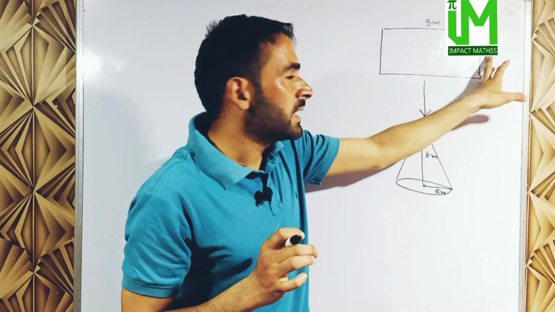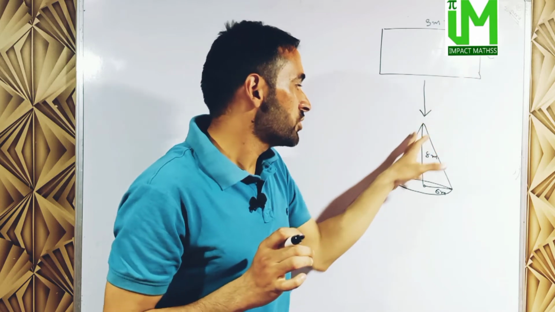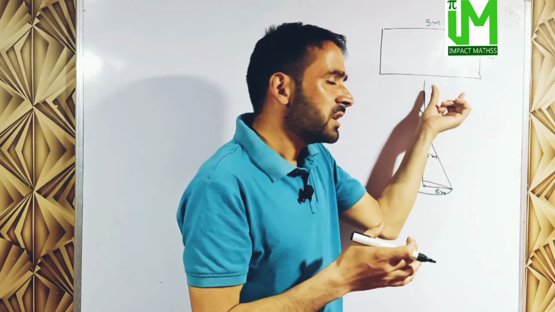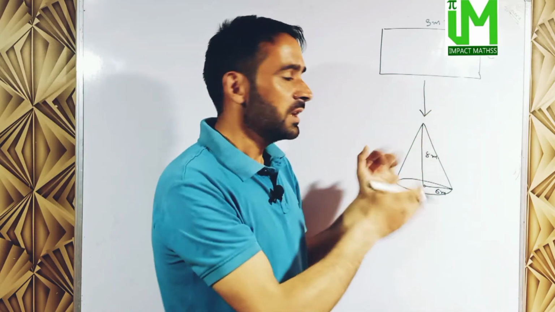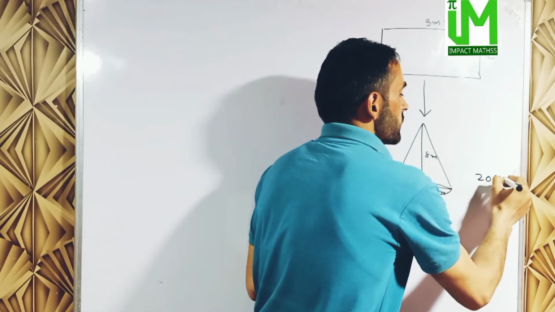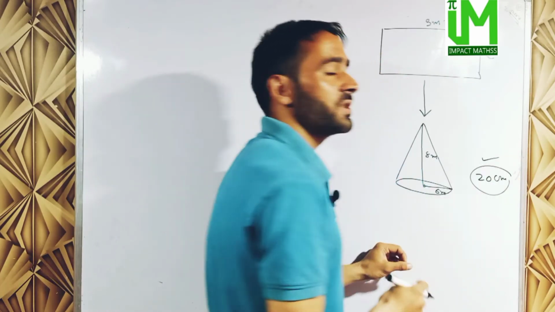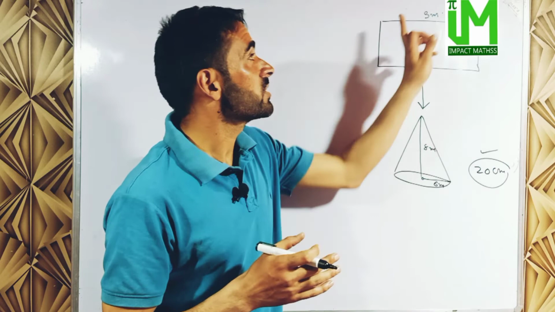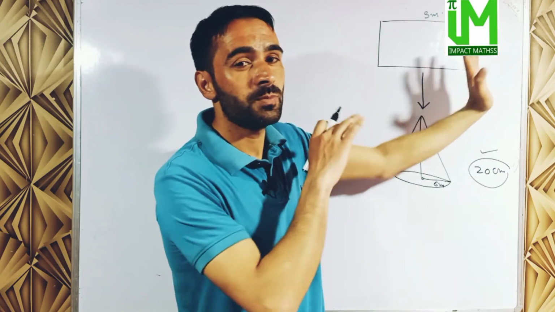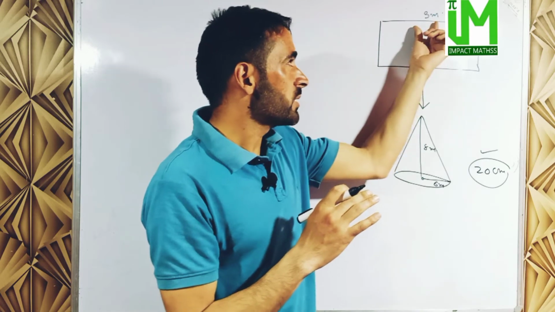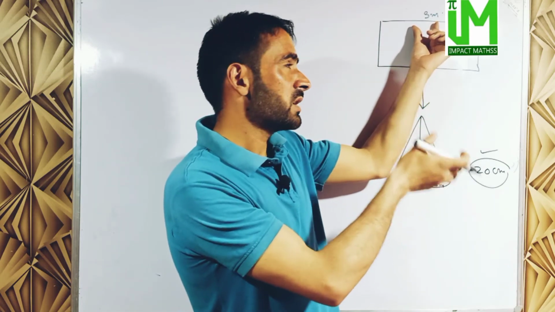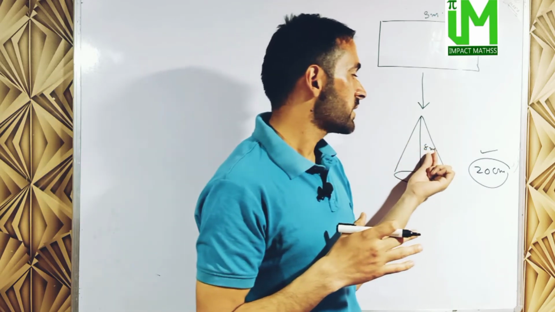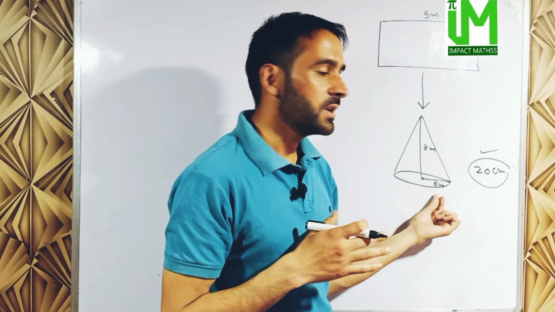So the length will have wastage for stitching the conical tent and in cutting, so 20 centimeter is wasted. If we revise the question: we are given a tarpaulin of width 3 meter, and we have to find the length. This rectangular shape is converted into the shape of a cone, whose height is 8 meter and radius of the base is 6 meter.